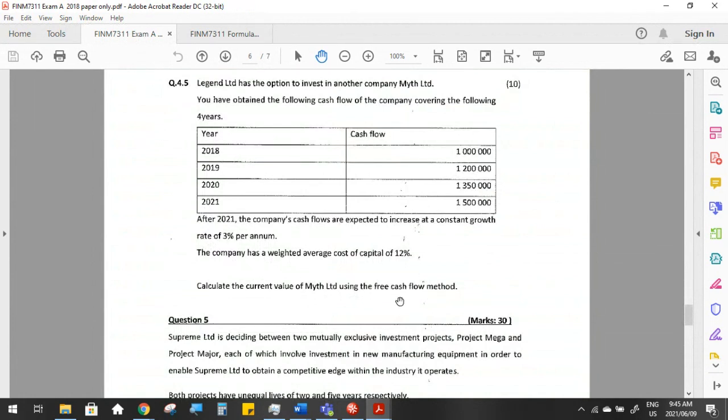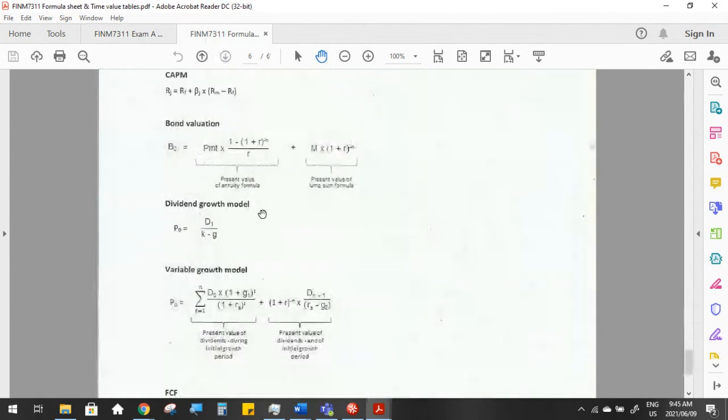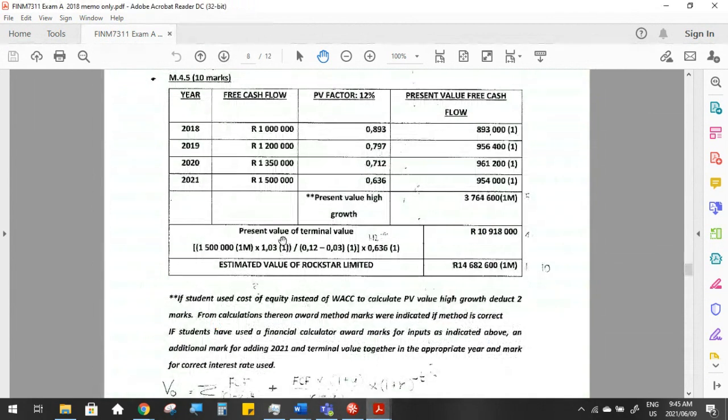The actual formula for valuing a company using free cash flow is not on your formula sheet. So let's have a look at what we've got to. Oopsie, sorry, wrong one.